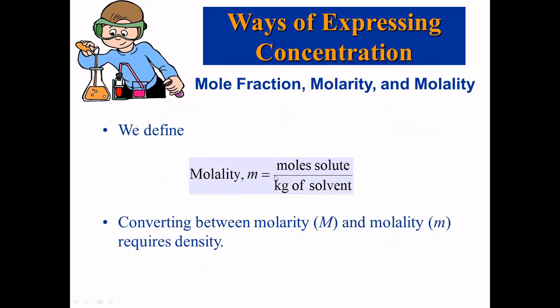Kilogram, since the mass is in kilograms. The numerator is the same as molarity, moles of solute. But the denominator is the mass of the solvent, with the unit specified in kilograms.